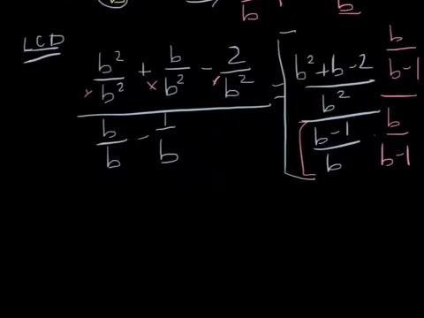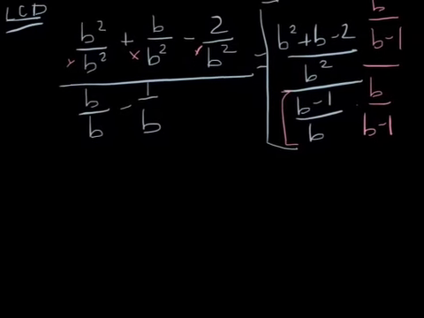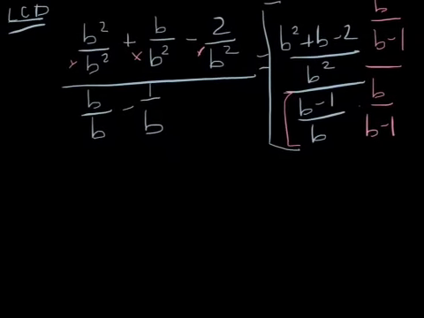Let's move the screen up a little so we have some more room to work and finish our multiplication. So here, this b and this b squared can cancel a little, so I'm left with b here. This entire denominator becomes 1.